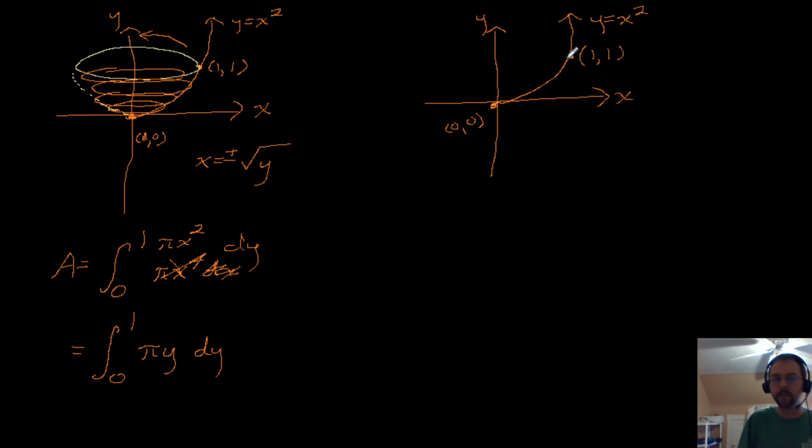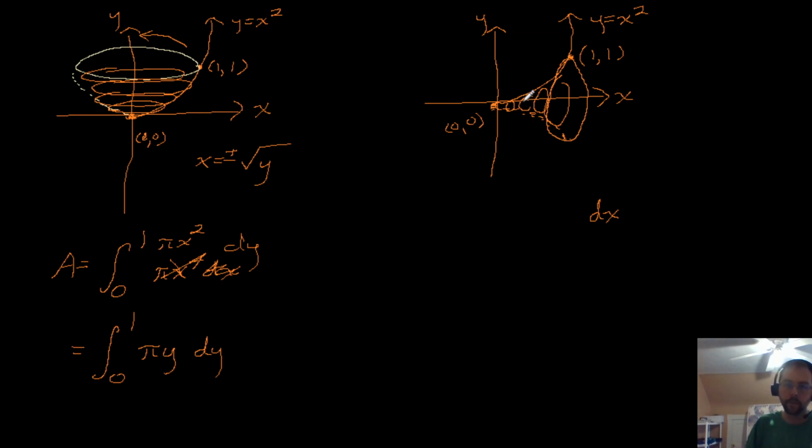But we can rotate the same thing around the x-axis. And I think you can see when that happens, we're going to end up with more like a tornado shape instead of, this was more like a nice bowl shape, except it's solid. This is kind of like a tornado shape, or like a top maybe. It goes like that. We're going to do our slices along the x-axis like this. So we're going to want dx.